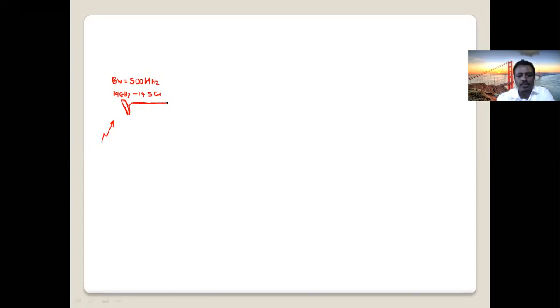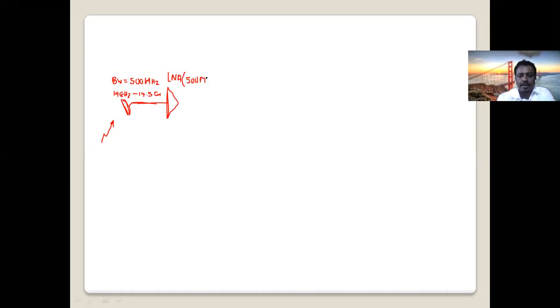Okay, so the next device we have is what we call the low noise amplifier, LNA, which I showed you last time. This low noise amplifier is designed to amplify a bandwidth of 500 megahertz.